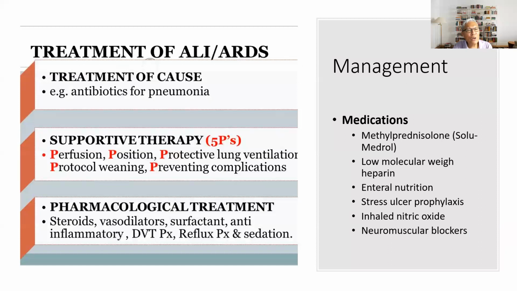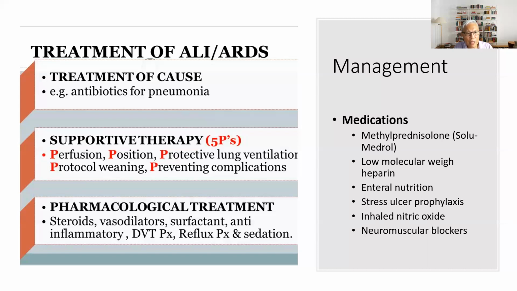Okay, so let's go to other treatments for ARDS. And obviously, it's going to include the administration of antibiotics as well as the administration of steroids. Clients are given steroids to decrease inflammation in the respiratory tract.